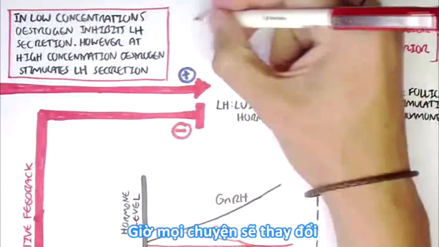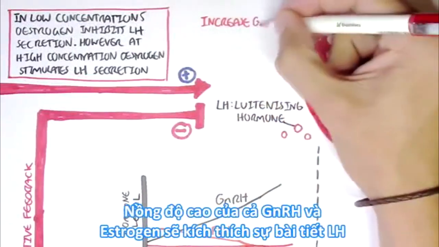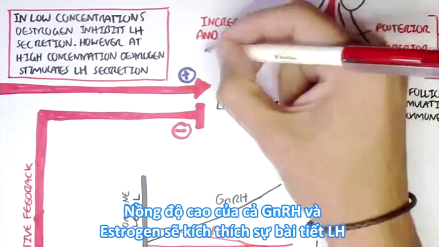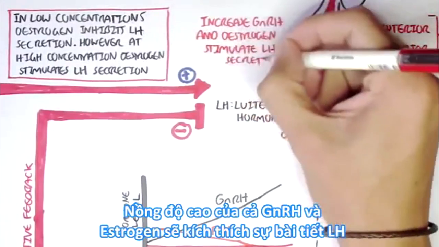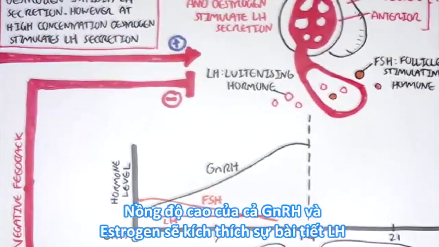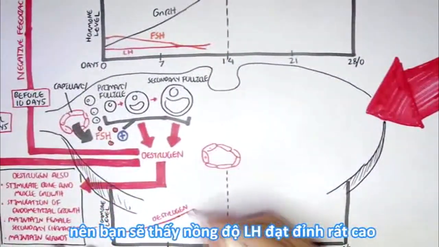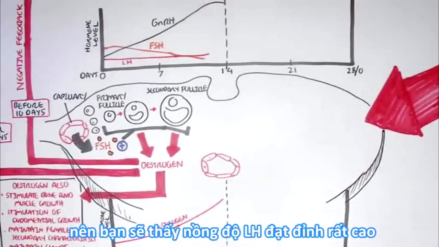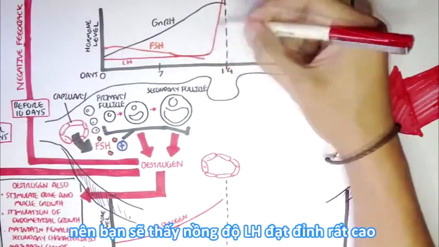Now, things are changing. The increase in gonadotropin-releasing hormone and estrogen will then stimulate luteinizing hormone secretion. And you see this massive spike in luteinizing hormone concentration.